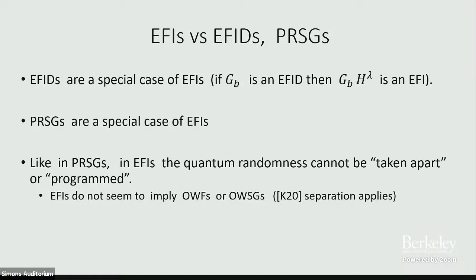And in the same way as PRSGs, the EFIs do not seem to imply either one-way functions or even one-way state generators, which is one natural quantum counterpart of one-way functions, and the Kretschmer separation applies, the black box separation. So there's a question: how do we construct them? Stay tuned for that. I'll say a word about it and go and say a lot more about it.